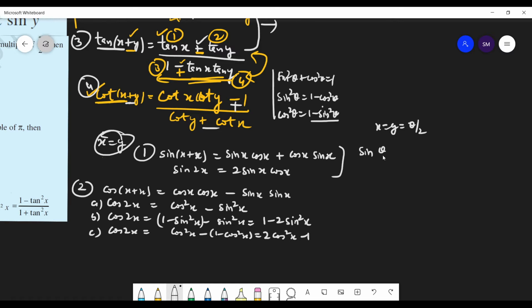Theta by 2 plus theta by 2. Right? Because x and y both are equal to theta by 2. So you'll get here sin theta by 2 cos theta by 2 plus cos theta by 2 sin theta by 2. So here you get sin theta, and here you get 2 sin theta by 2 cos theta by 2.